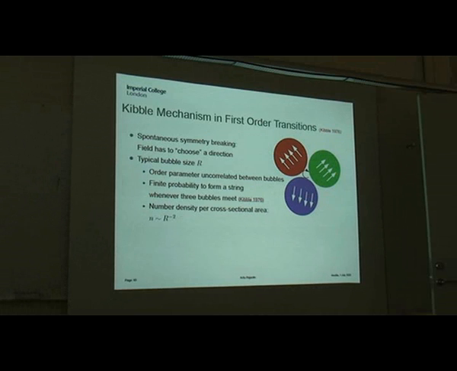So you get the vortex there, the place where the bubbles meet. Because the probability of that is just some number, if the radius of the bubble is r, you get an order of magnitude estimate that the number density of these strings per cross-sectional area goes like 1 over the bubble area, 1 over r squared.